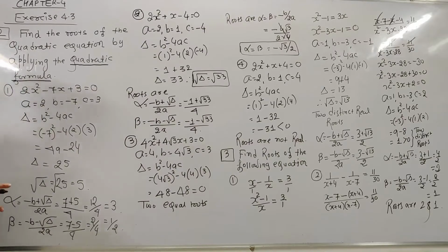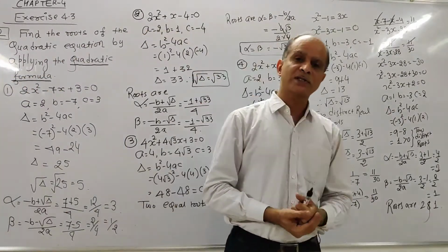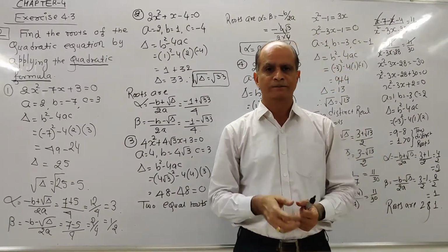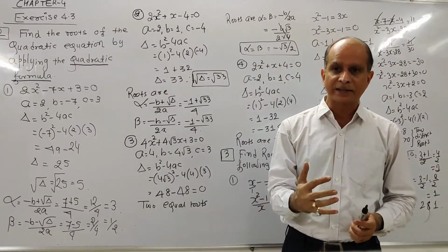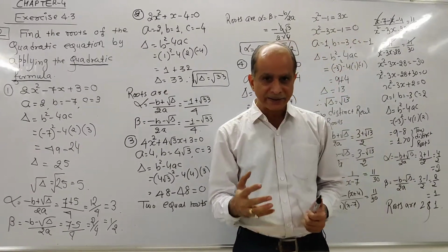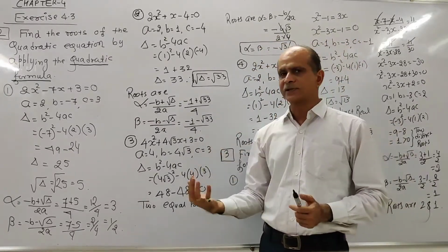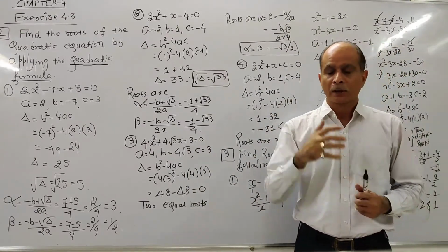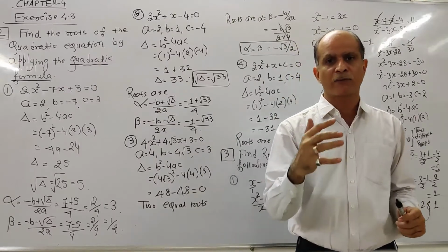You know in quadratic formula there are 4 main steps. The first step is find out the value of a, b and c. The second step, find out the value of delta, or you can say D, or one can say discriminant. And the value of discriminant is b² − 4ac. Then you have to write nature of roots on the basis of value of delta.